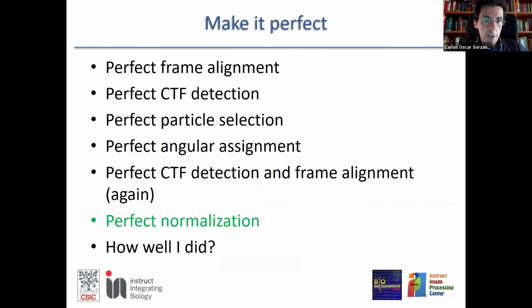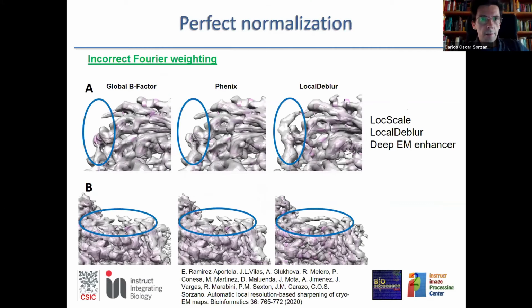And the same happens with the normalization. Each image has to be normalized independently, and sometimes you don't do it perfectly. And that lack of normalization per image also happens per frequency. So at the end, it results in some of the areas of the volumes being blurred or losing some small details, and that is where the different sharpening algorithms come in.